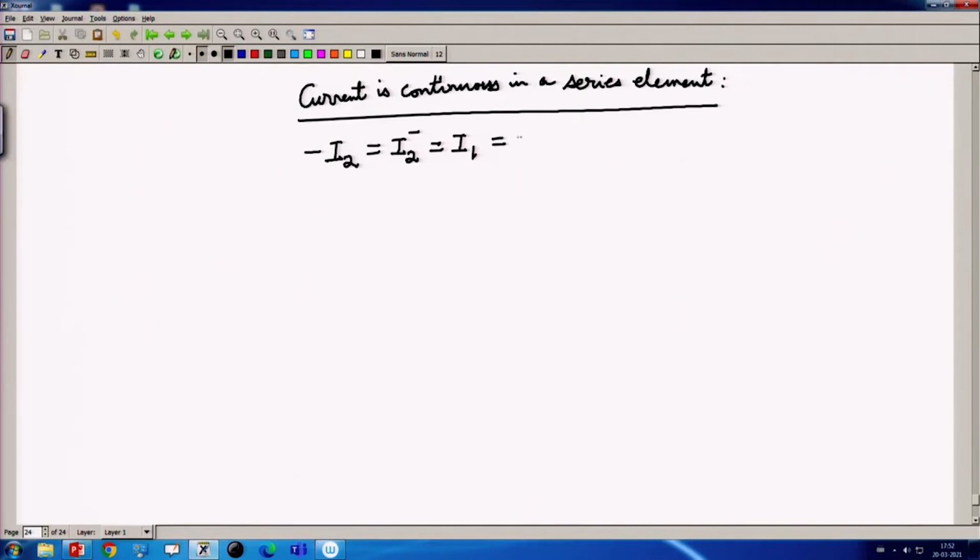That will be equal to Y 1 V 1 plus (1 minus S 1 1), which we have already derived.